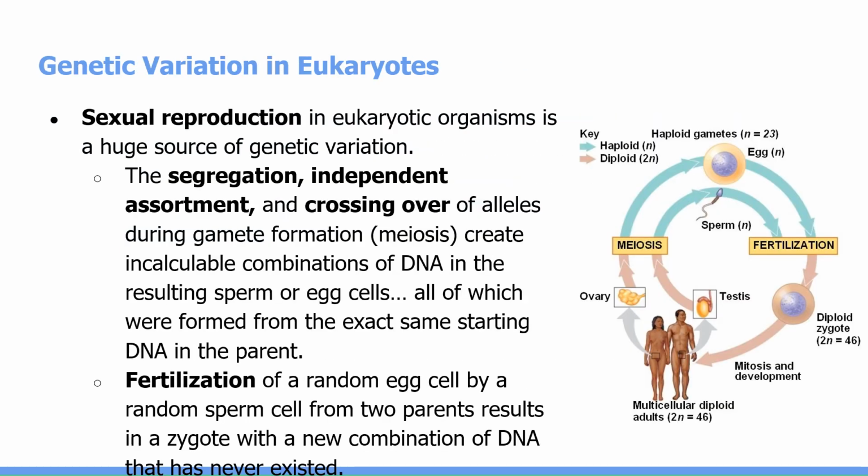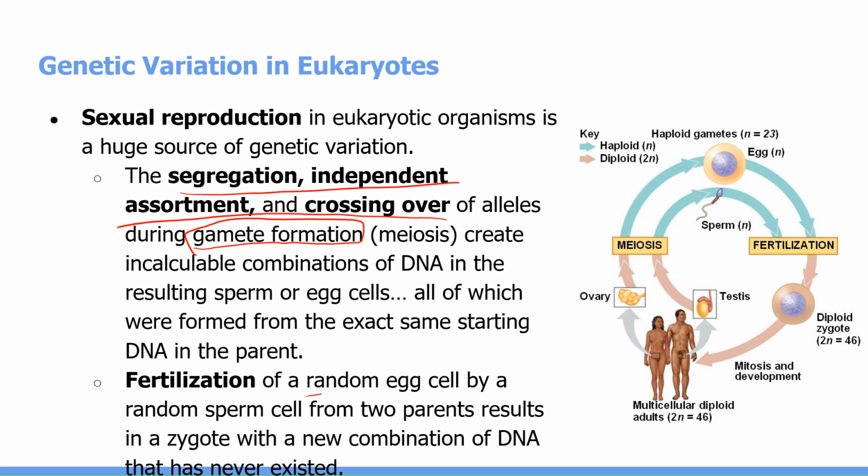Genetic variation in eukaryotes. So we have learned that the formation of the gametes involves these processes. The different combinations of DNA in which a gamete is created provide new genetic variations when those gametes are fertilized.